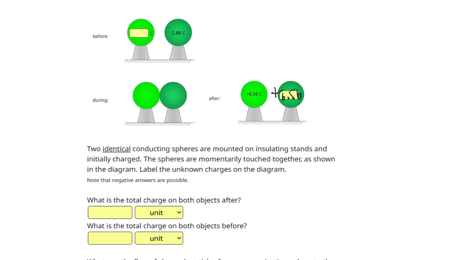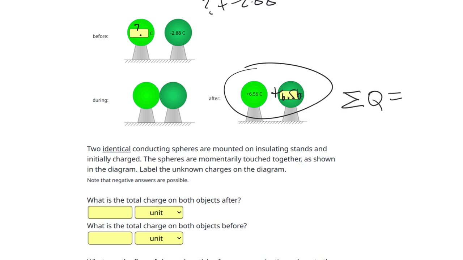It has to be the same charge after they touch. So the total charge is equal to twice 6.56, 13.12.